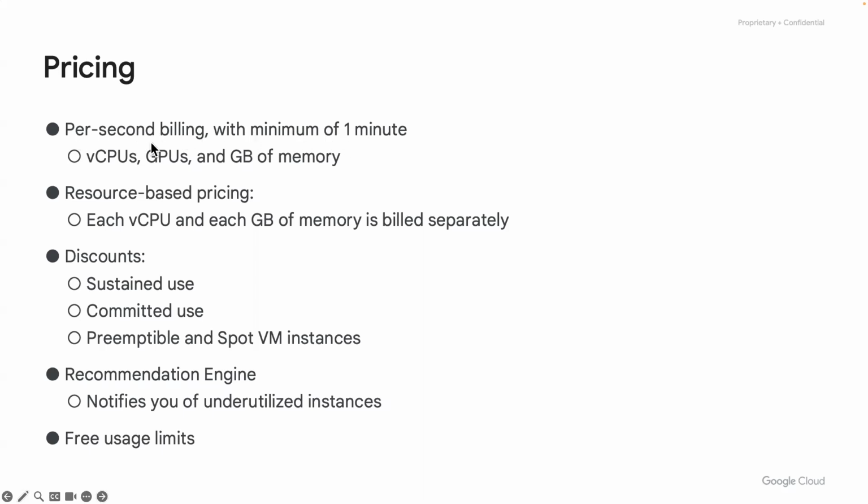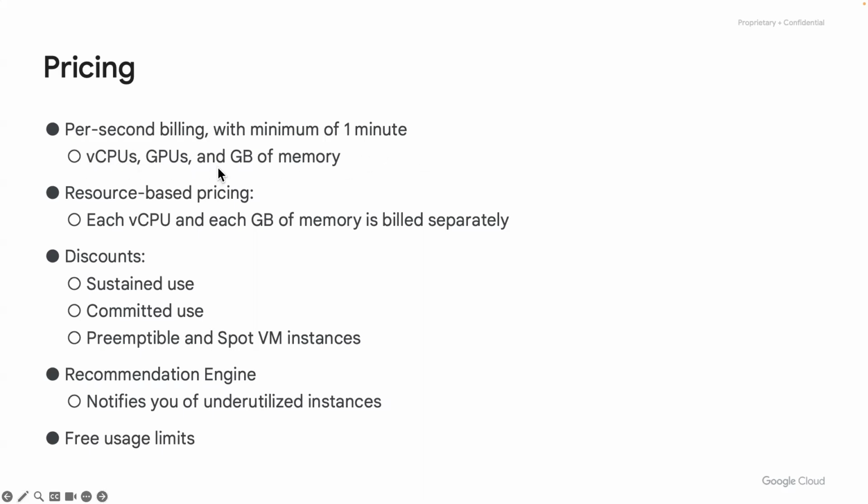So if you delete a VM after using it for 3 days, 4 hours, 32 minutes and 24 seconds, you will be paying at the seconds level. You won't be paying a single penny extra. So it is per second billing. This is very important, and the first 1 minute you should be paying. And what will you be paying for? It is for the CPU, memory.